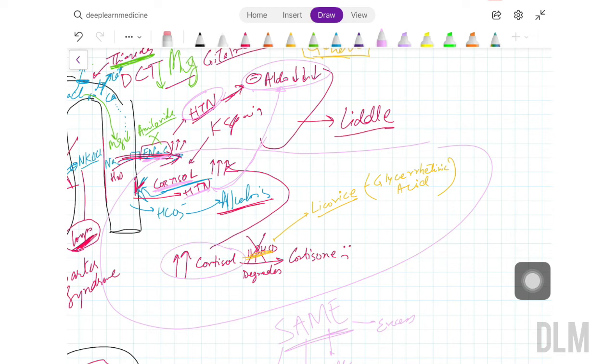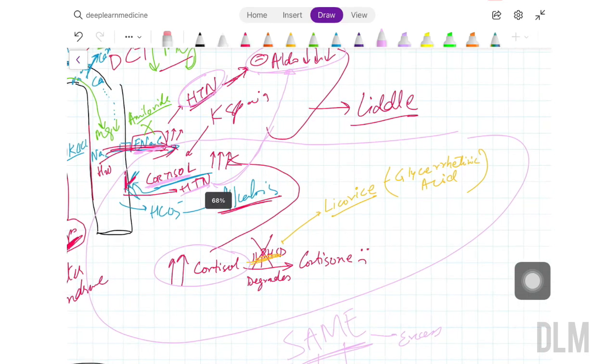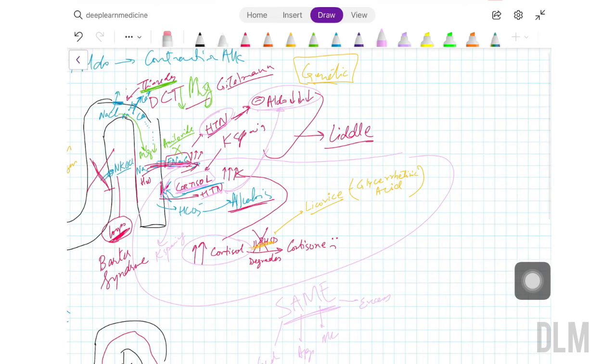Now, if you were a scientist developing a drug for this treatment, how would you target this? Well, I would like to create a drug that would just block the mineralocorticoid receptors. Or I could give exogenous cortisol. What would that do? Well, exogenous cortisol would negatively feedback the production of cortisol, thereby breaking the vicious cycle, right?